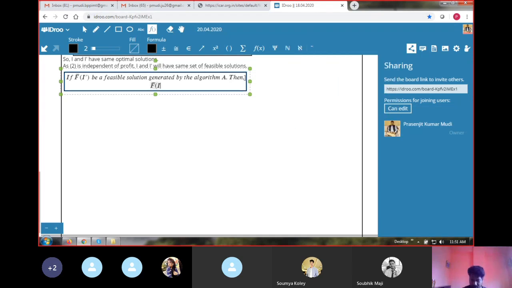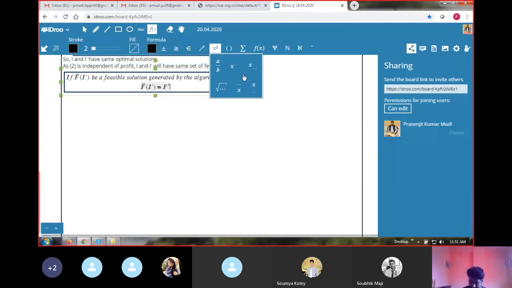That feasible solution to the problem instance I dash may be an optimal solution, may not be the optimal solution. If it is an optimal solution, then that will be equal to f star I dash, where f star I dash is the optimal solution to that instance I dash.